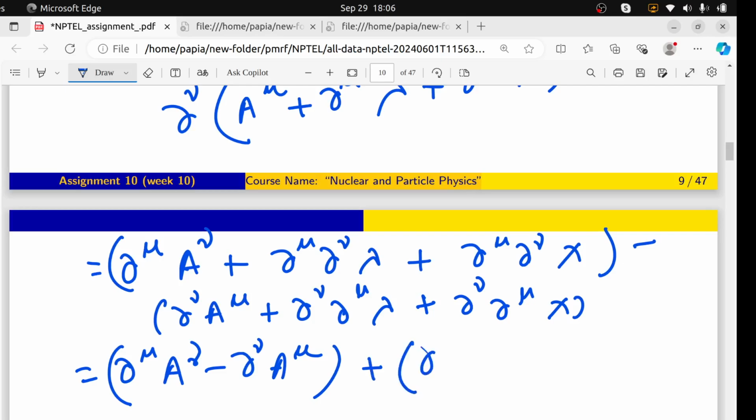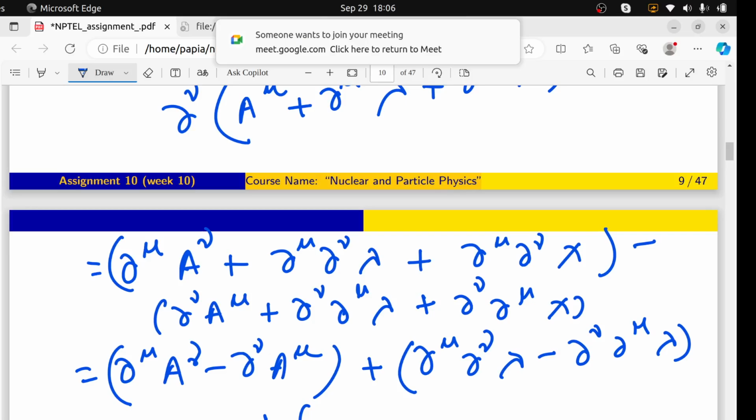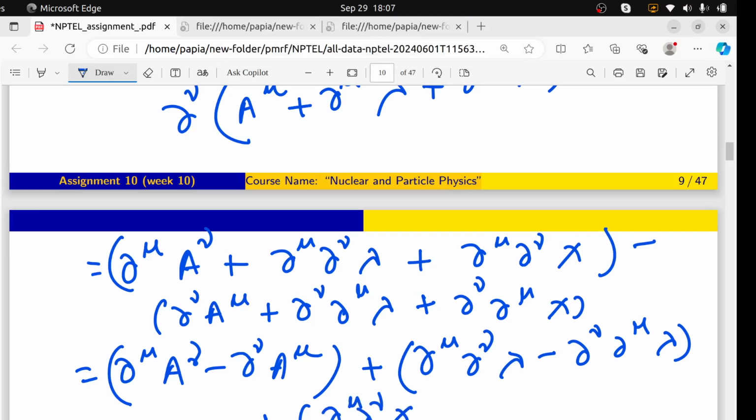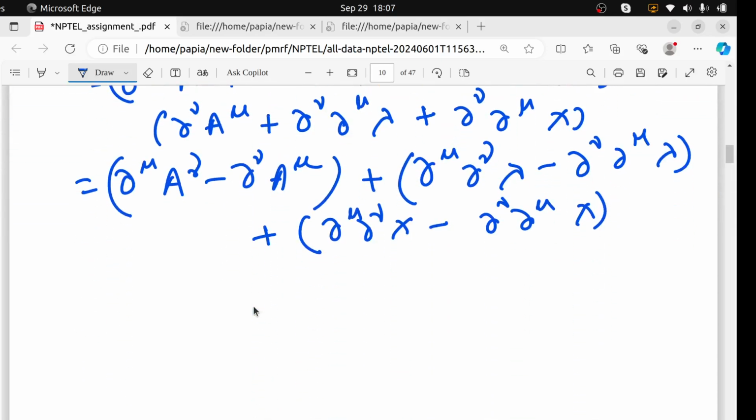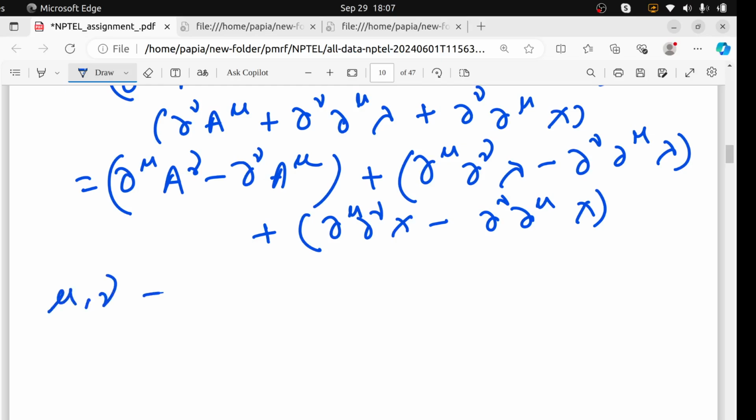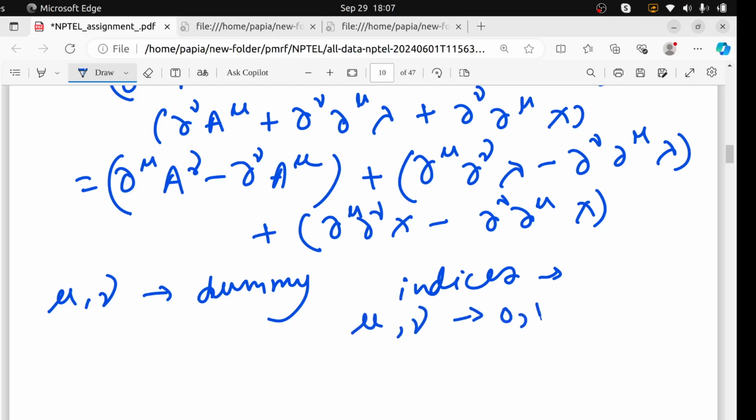Then del mu del nu lambda minus del nu del mu lambda, plus del mu del nu chi minus del nu del mu chi. Now mu and nu are dummy indices. Dummy indices means they are running from 0, 1, 2, 3.